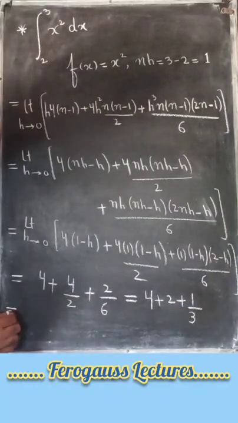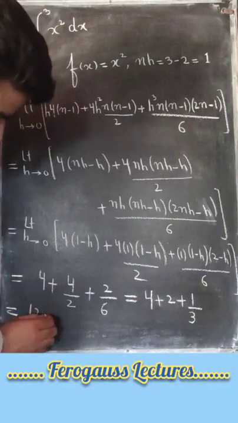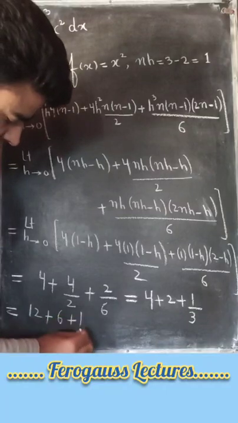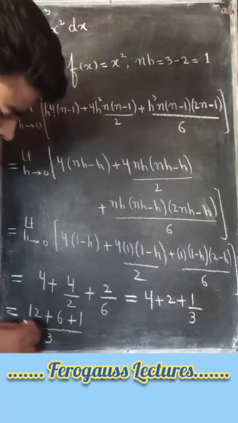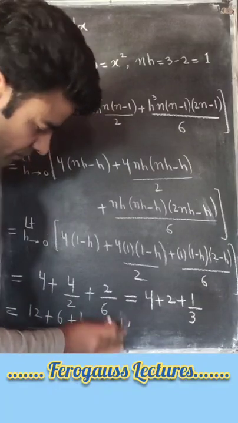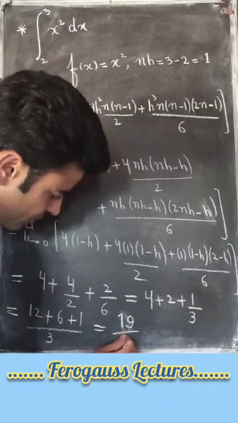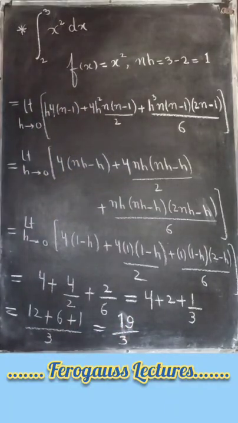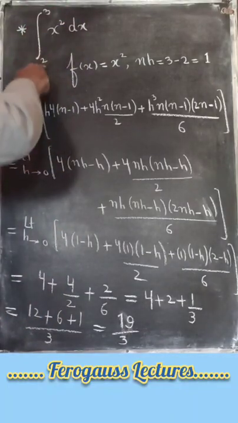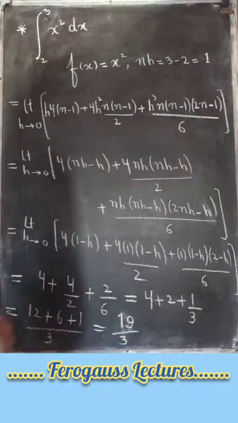That is further equal to 4 into 3, that is 12, plus 3 into 2, that is 6, plus 1, divided by 3, it is 19. So we get 19 divided by 3. Thus, the value of this definite integral 2 to 3 x square dx is equal to 19 divided by 3.